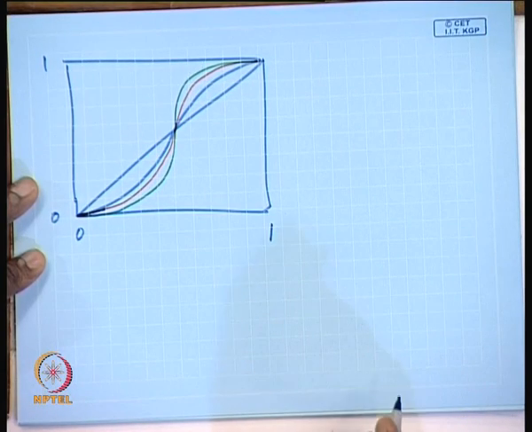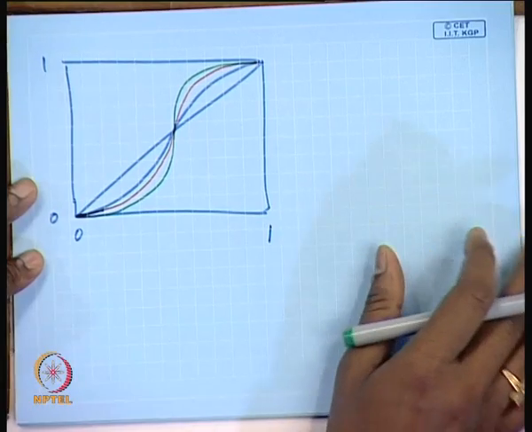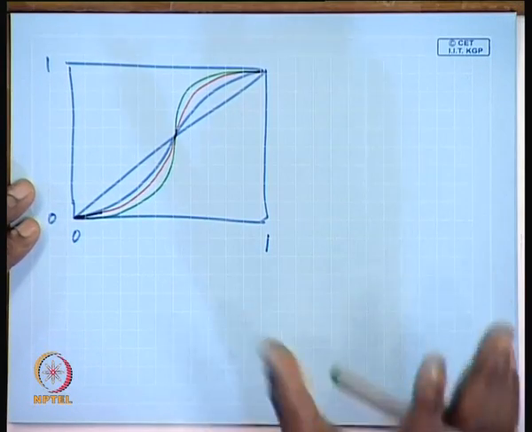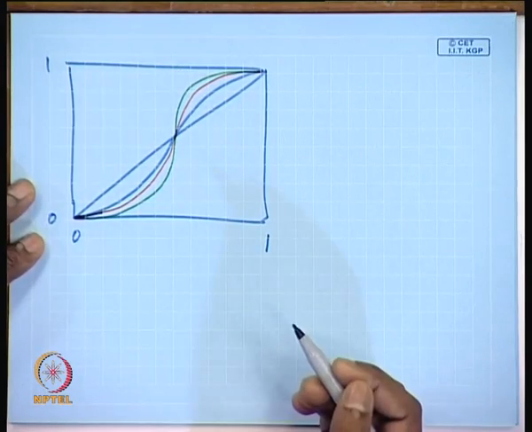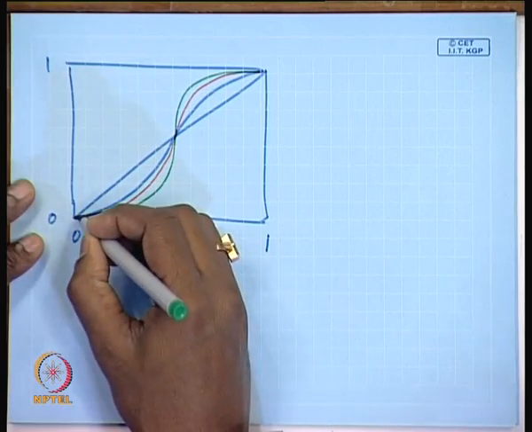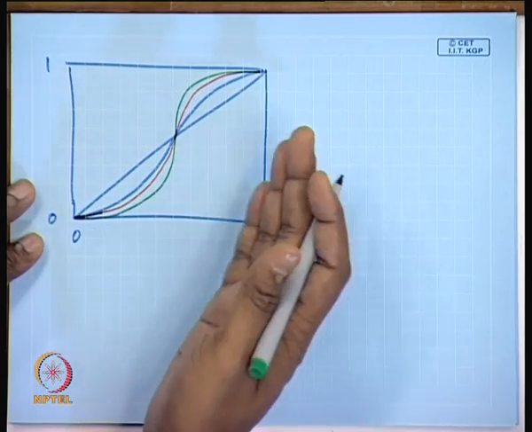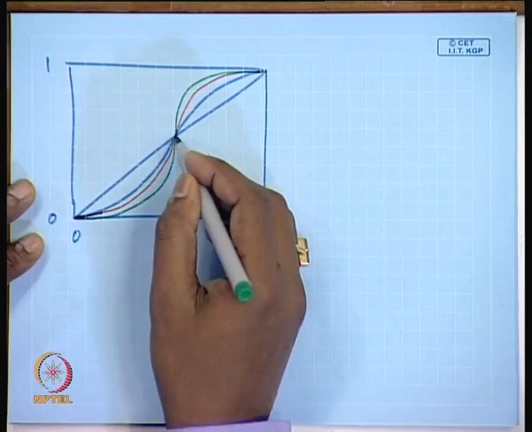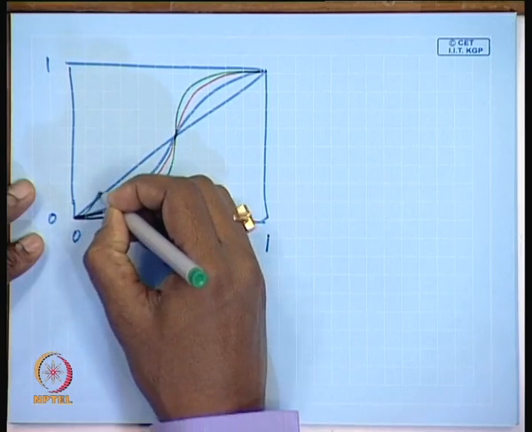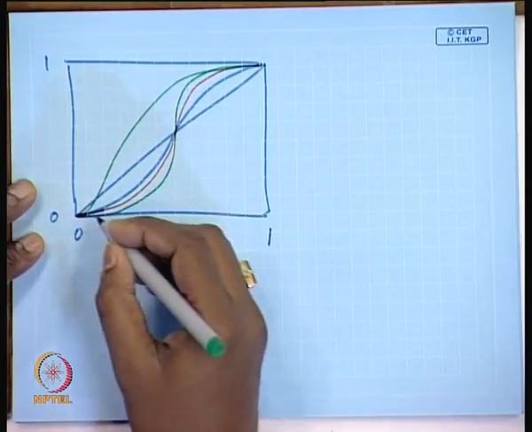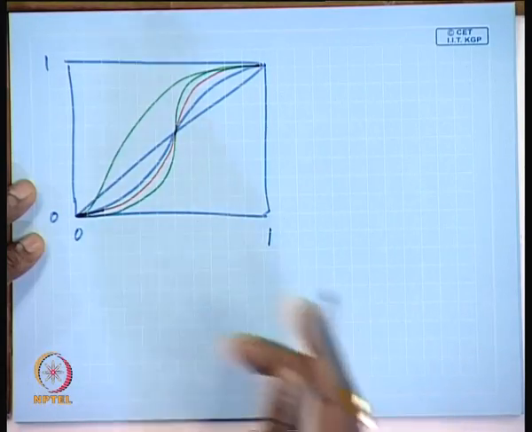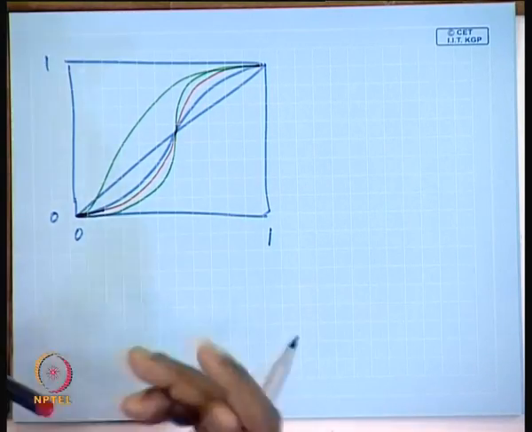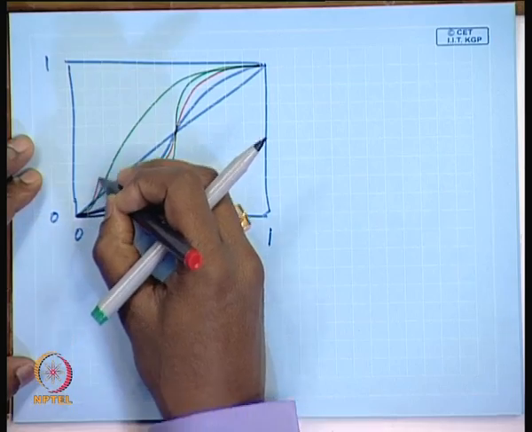Okay. Now when we are talking about positively skewed and negatively skewed, how this distribution will look is like this: when it is becoming positively skewed, this intersection point will come towards this. If it is more positively skewed, then this can be even like this.